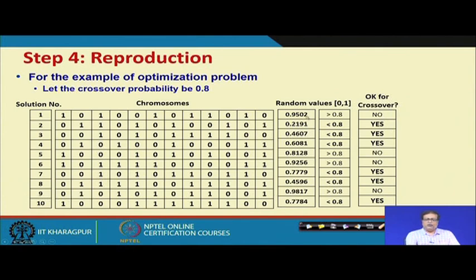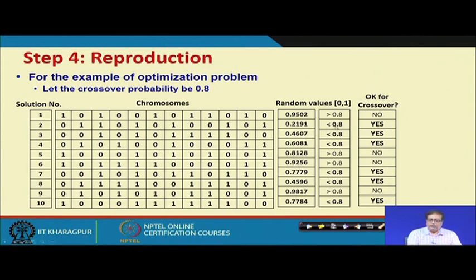These are random numbers generated between 0 and 1. And assume the crossover probability is 0.8. If it is up to 0.8 we do crossover, above 0.8 we do not do crossover. So, this is how we define it.